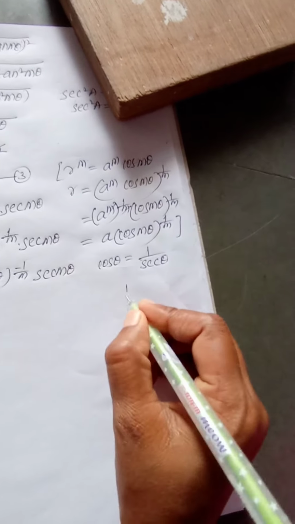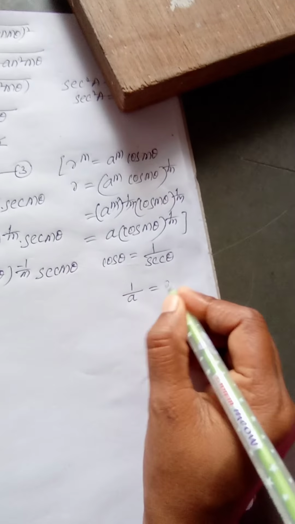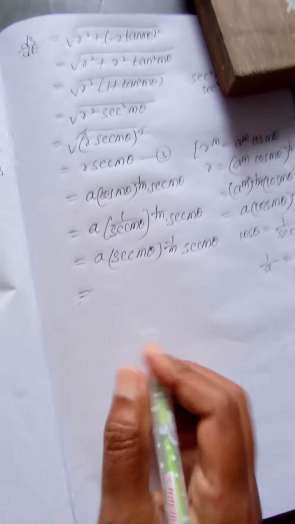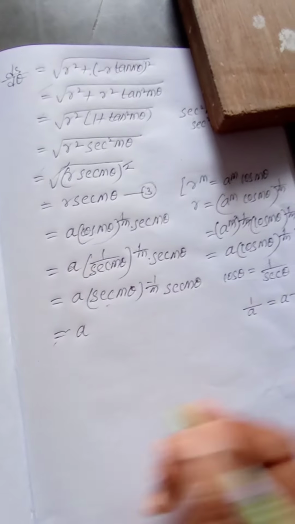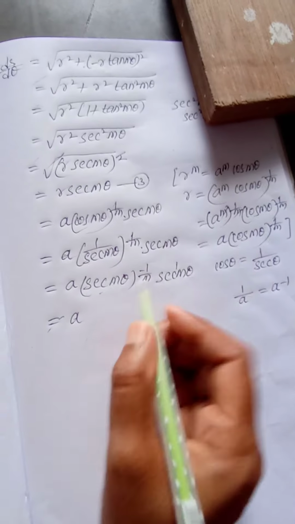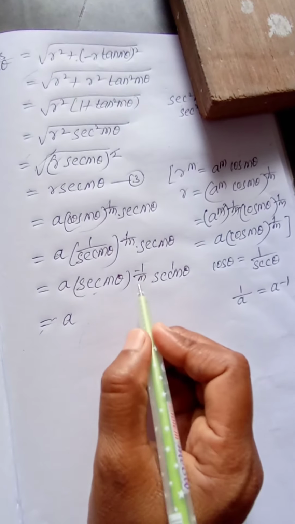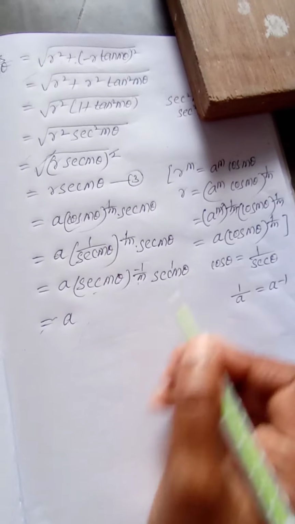So 1 by a is written as a inverse. That equals a into, here the base is equal, so the powers should be added. So secant m theta has power minus 1 by m, and this has power 1.